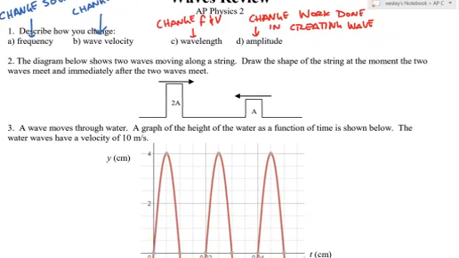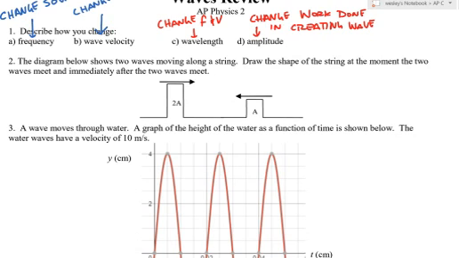All right. Number 2 shows two waves meeting. So what we're going to do with the two waves meeting thing, this is our constructive or destructive interference. Here we have constructive interference.